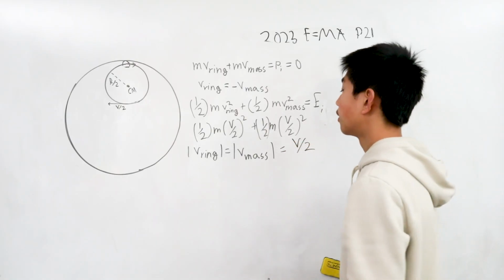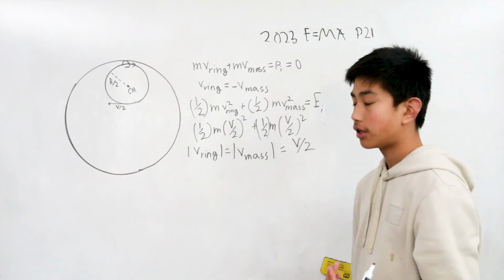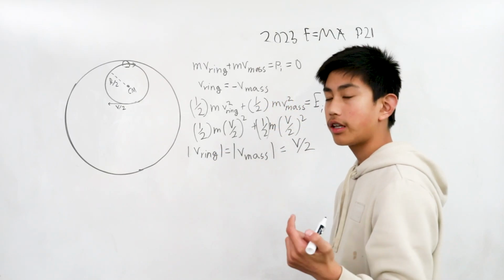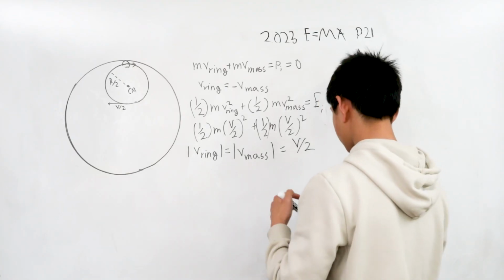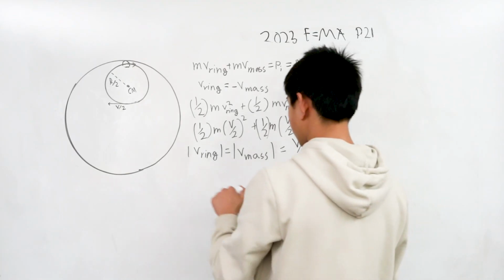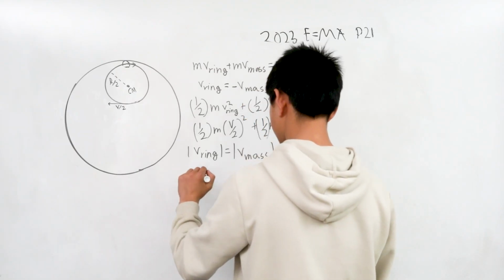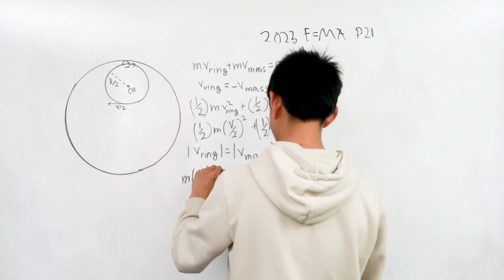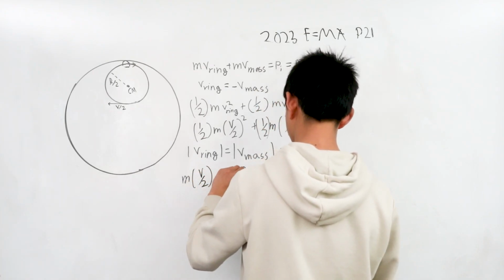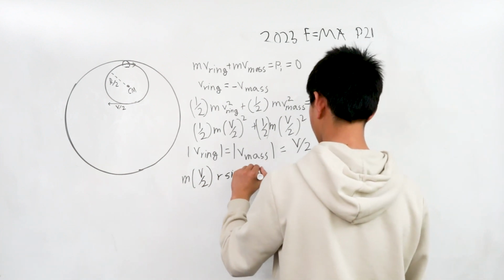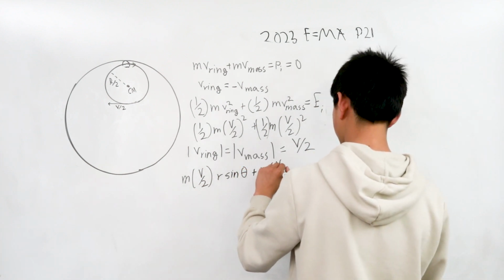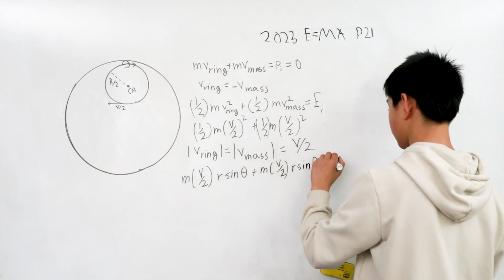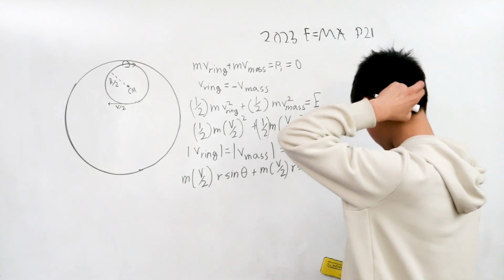We can also denote an equation for the angular momentum. So this is m times v over 2 times r sine theta. And then you also add it again, m v over 2 r sine theta, is equal to our initial.